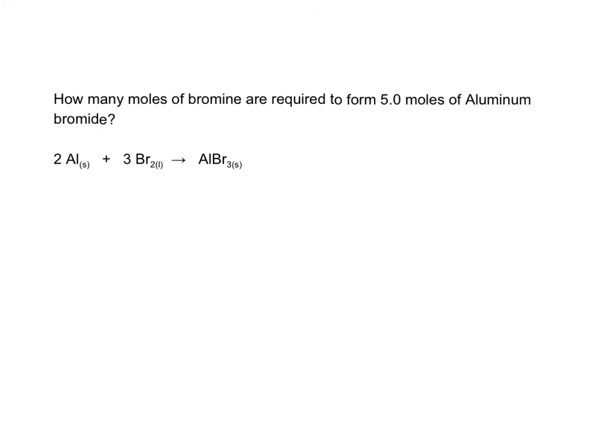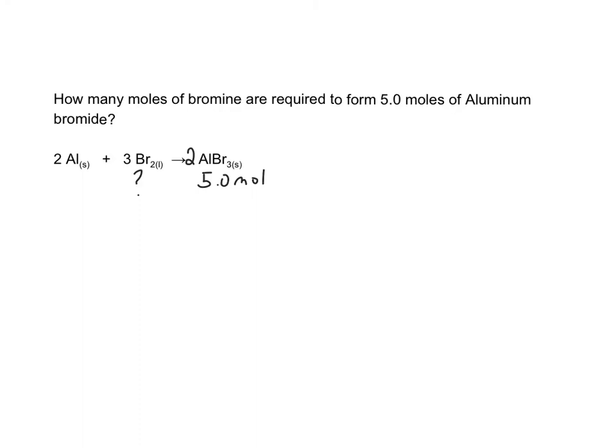Okay, so here's a balanced chemical equation. 2 aluminums react with 3 bromines to form 2 aluminum bromides. How many moles of bromine are required to form 5 moles of aluminum bromide? What you want to do is start off by putting what you know under the substance that you know it about. So we have 5.0 moles of aluminum bromide. Then put a question mark under what we're trying to figure out, the moles of bromine.